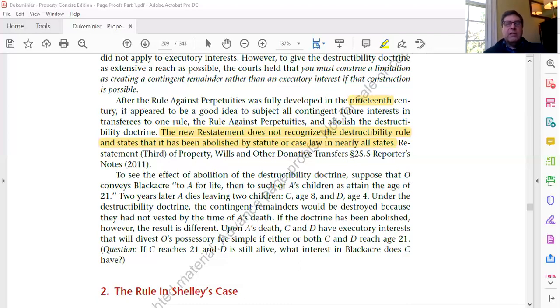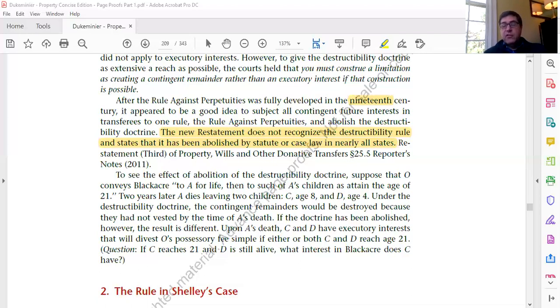Now, is it a contingent remainder or a vested remainder? This one is a class gift. It's in B's children who survive B. We had two rules for vesting. Have we ascertained the takers, and is there a condition precedent? Even if we know some of B's children, we may not have ascertained all members of the class.